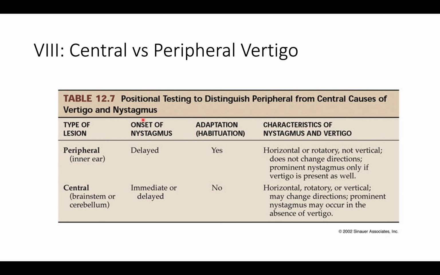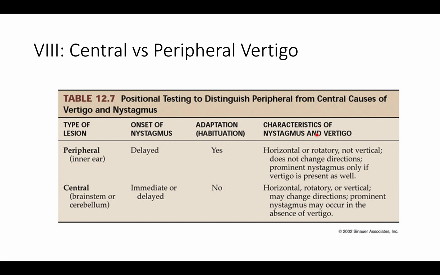Nystagmus is a very differentiating feature between the peripheral and central. Nystagmus is delayed in peripheral, so it doesn't happen immediately. However, in central, it happens very immediately, though sometimes it's delayed. Adaptation: in peripheral, the patient can adapt to the vertigo. However, in central vertigo, he cannot adapt or habituate to the vertigo.